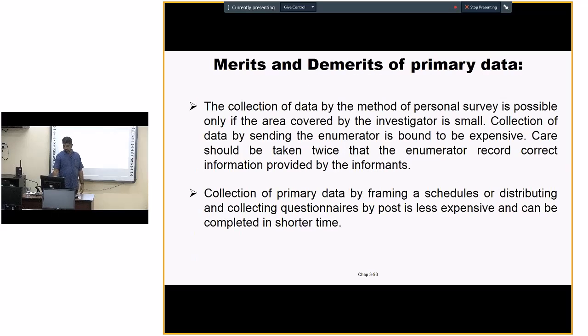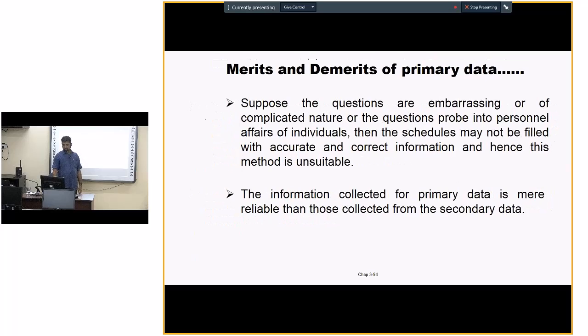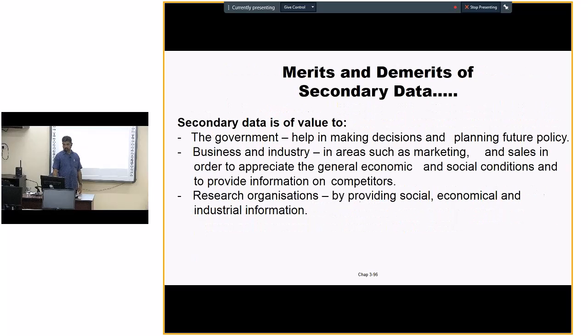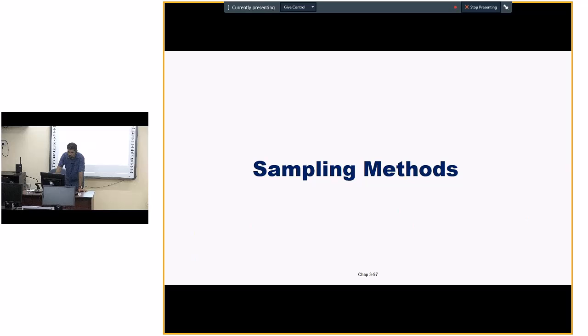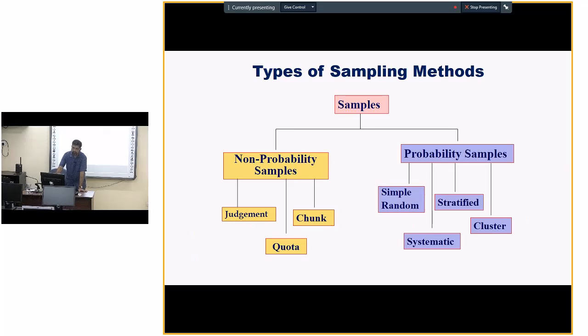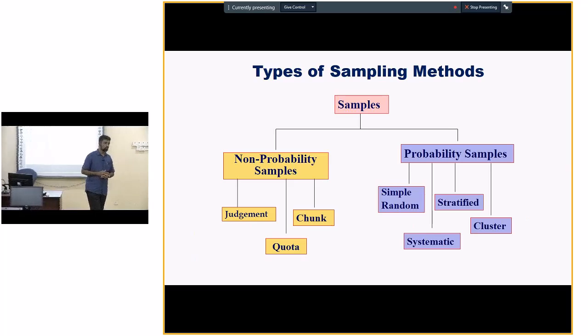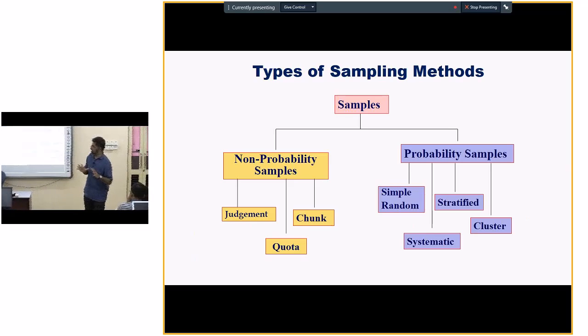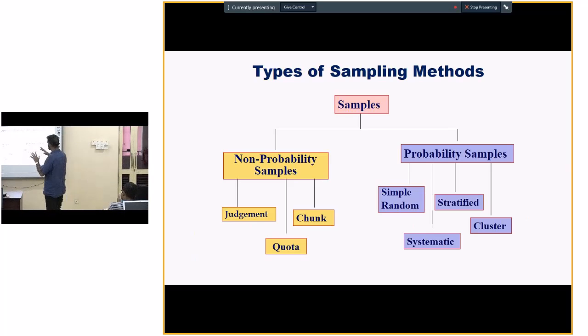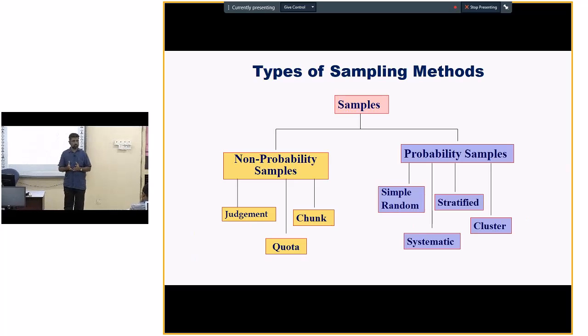Okay. Then the merits of primary data and secondary data; I'm not going to discuss them again and again. Next is the sampling method, and the scope of this sampling method. Now we discuss the scope of selecting analytical tools.